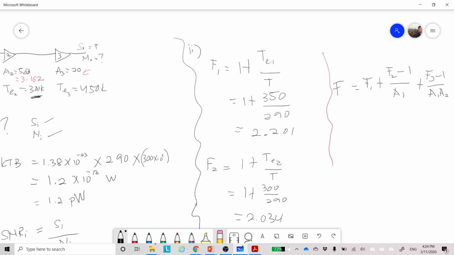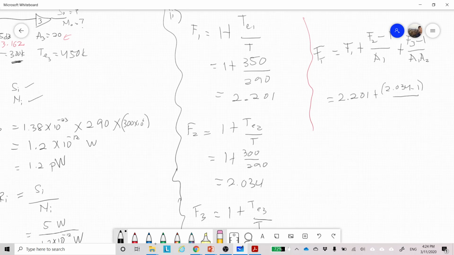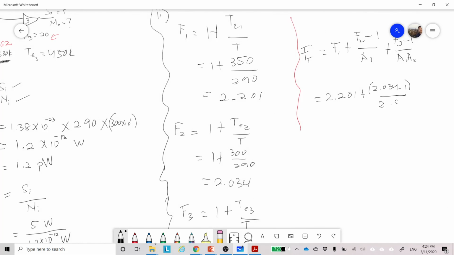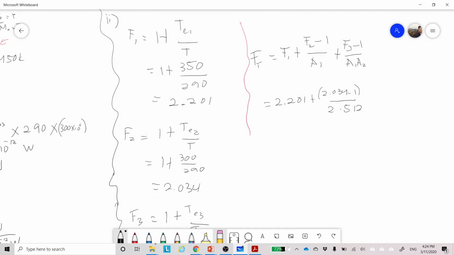So F total. Okay. So therefore, apa yang you boleh buat adalah F1 bersamaan dengan 2.201 tambahkan dengan 2.034 tolak 1 dibagikan dengan A1. A1 adalah 2.512. Okay. So, ni tolak sebenarnya tolak.